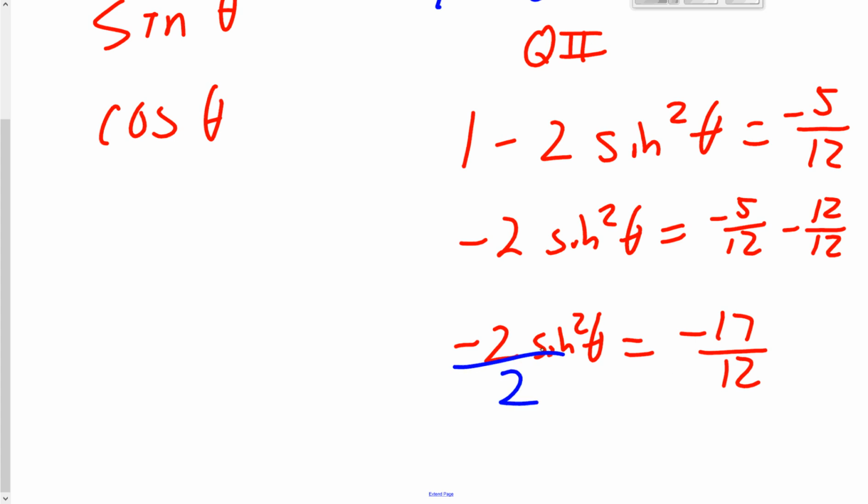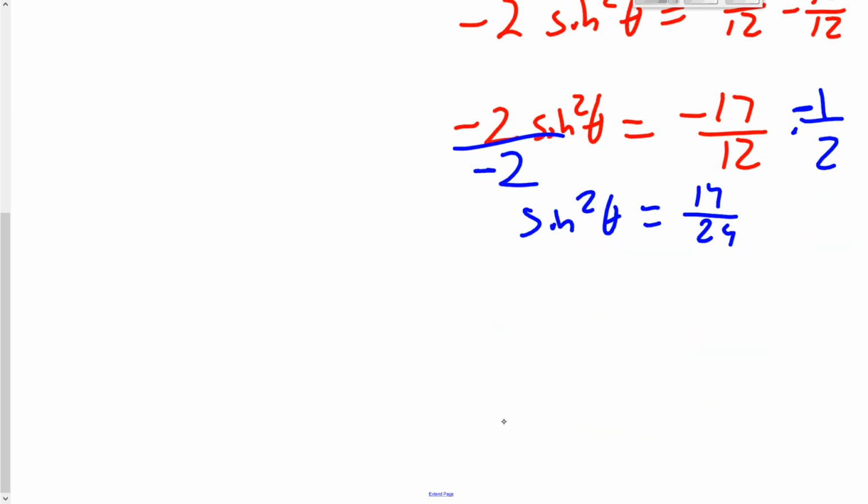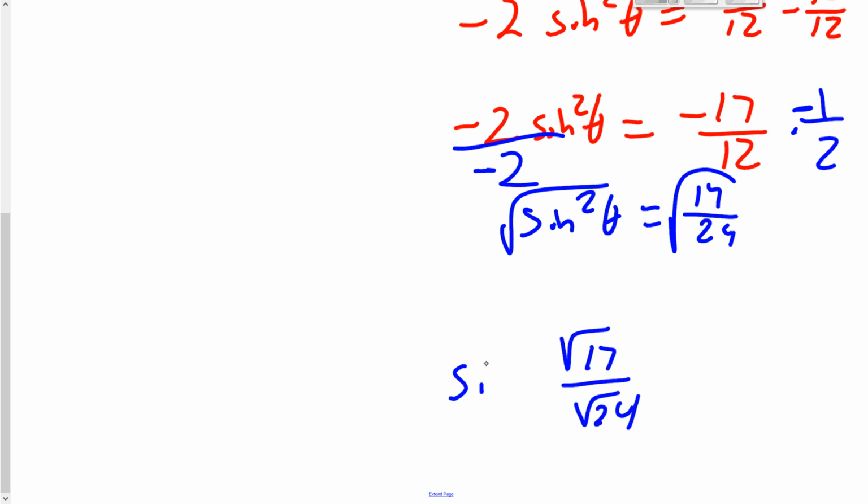Try to not make the same mistake twice. Dividing by 2 is the same as multiplying by 1/2, and it's going to be a negative. So then we get rid of that negative. So we get sine squared of theta equals +17/24. Then we can square root both sides. So that's the square root of 17 over the square root of 24. So that's sine of theta.